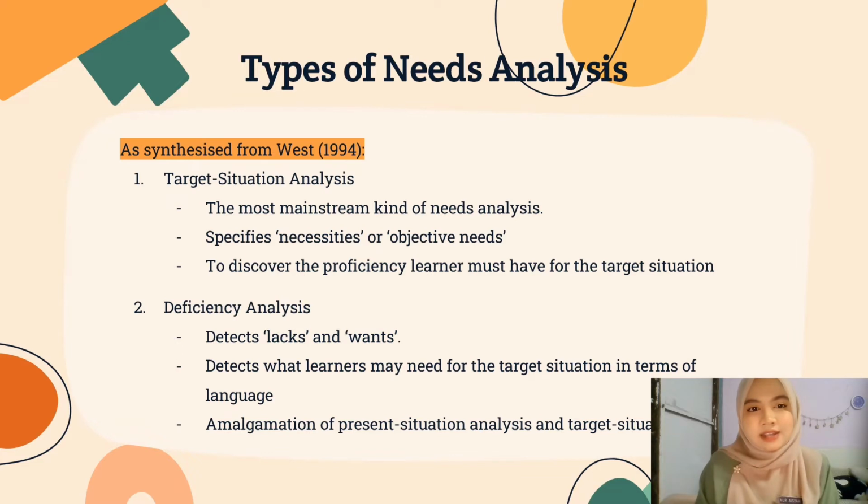This analysis detects lags and wants and also detects what learners may need for the target situation in terms of language. To put things into perspective, Smith and Arun 1980, as cited in West 1994, postulated that with deficiency analysis, curriculum planning is executed with the target situation as well as learners' wants and lags serving as its foundation.